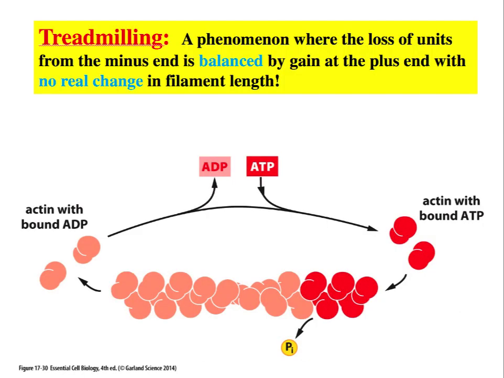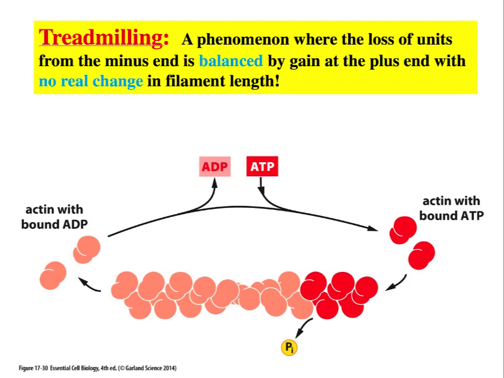The treadmilling effect uses ATP to build the plus side, and the hydrolyzation of the ATP at the minus side results in depolymerization. Thus, the plus side is associated with ATP, and the minus side is associated with the ADP. So this is important to remember.